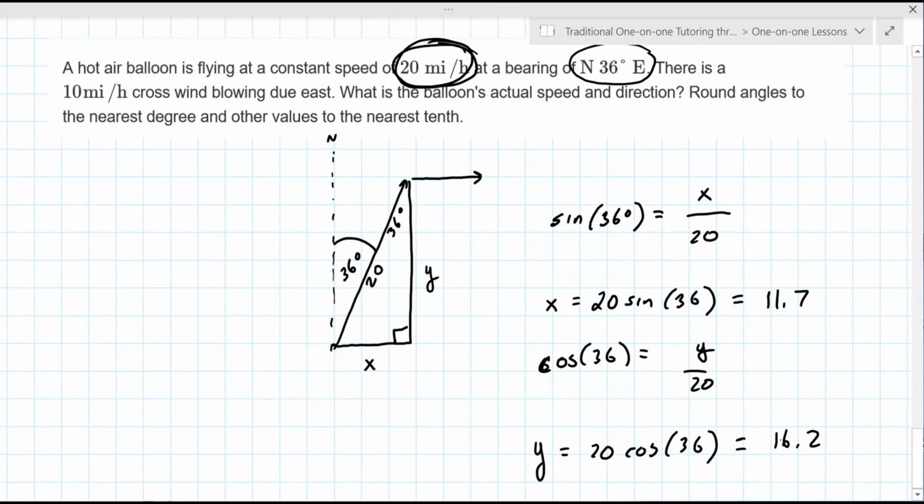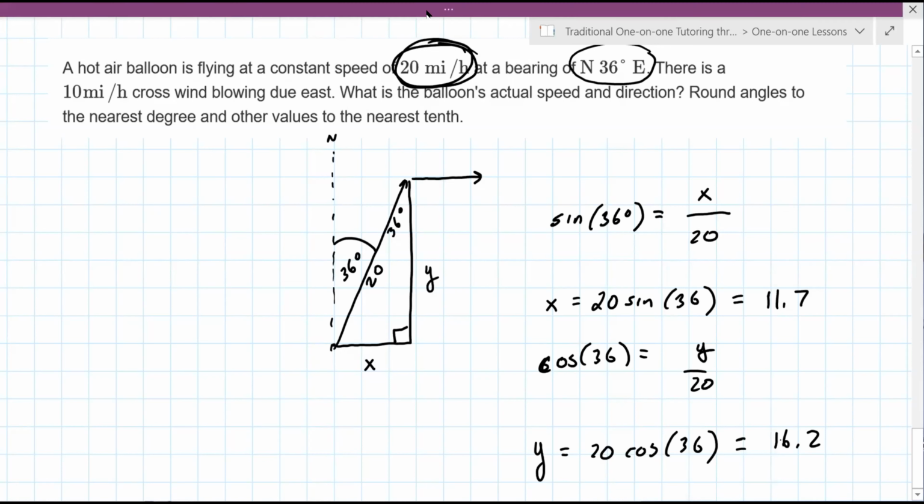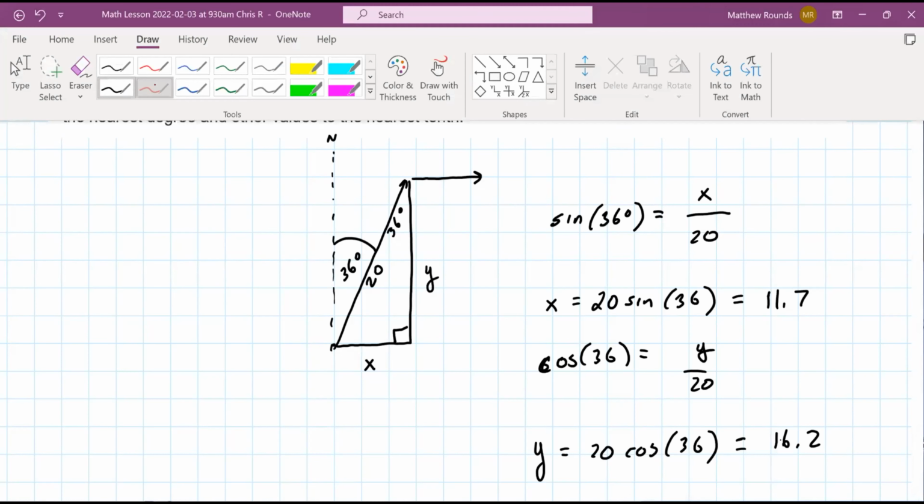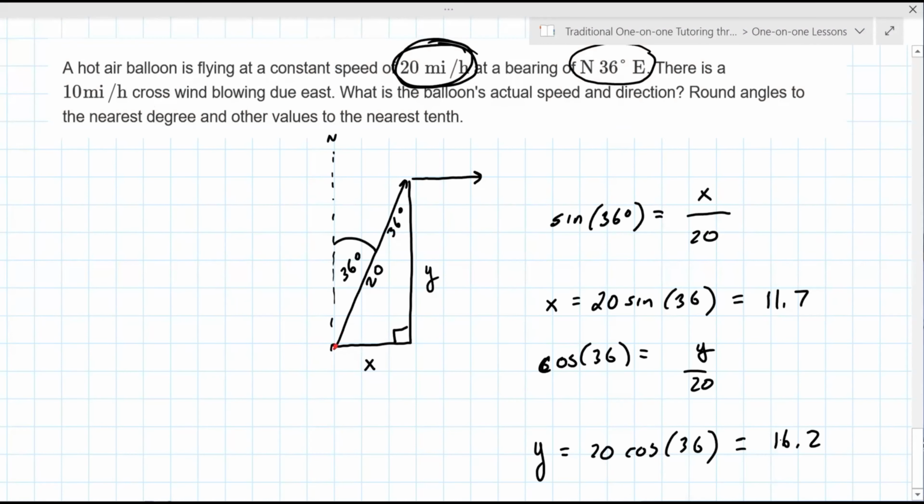16.2. Okay, so if the balloon was just without wind, it would be 11.7 and then 16.2. Do you follow that? Like how that happens? Okay, now, because the wind is pushing it to the right, here's where it actually goes. Okay, do you see that?